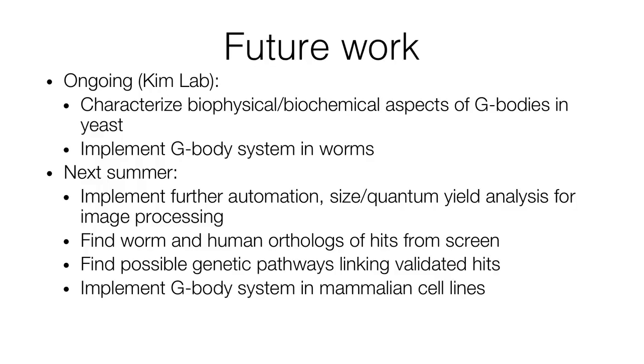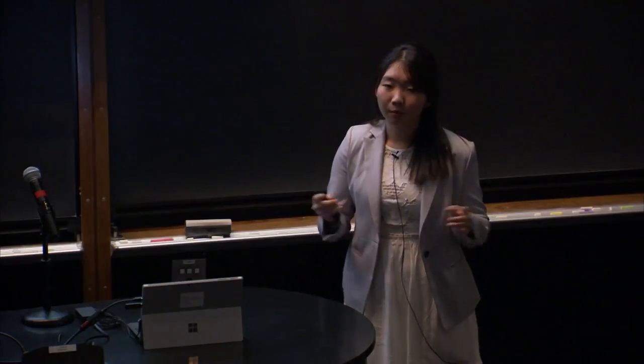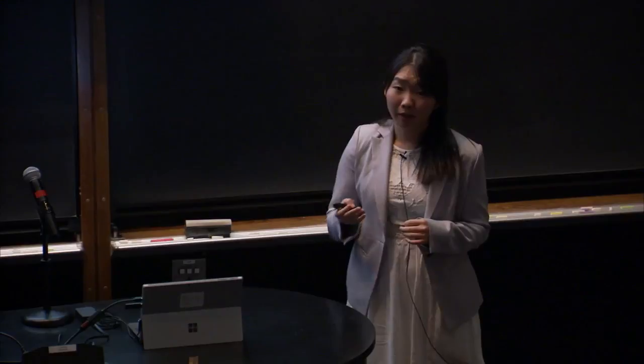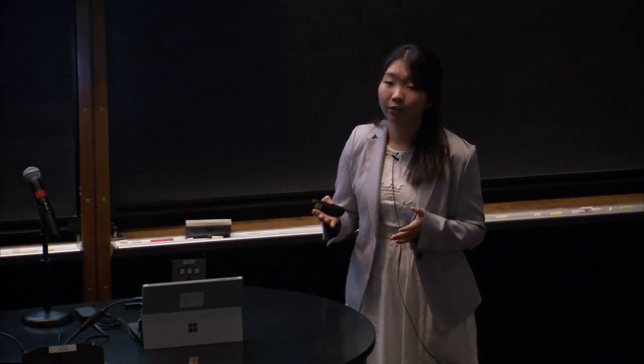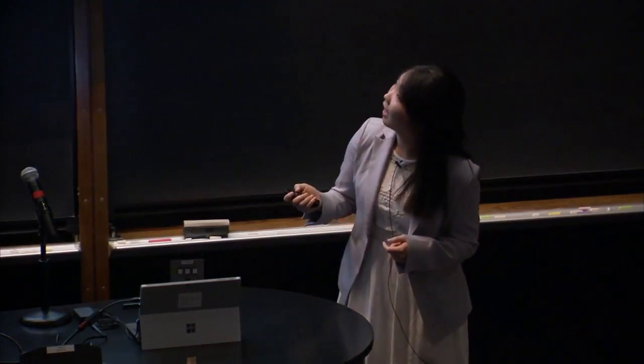I would also like to find the orthologs for both C. elegans and humans for all of my hits, and to link my hits through possible genetic pathways. Lastly, my main project will be to implement the system in mammalian cells. We've already seen that G-bodies form in mammalian cells, but we haven't looked at different stages of cancer cell lines, for example, or knocked down certain genes. That's something I'm really excited to pursue next summer.